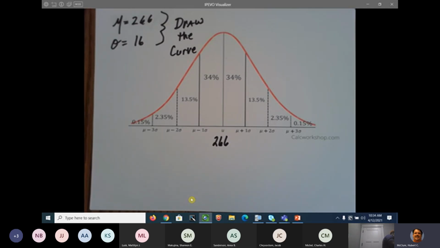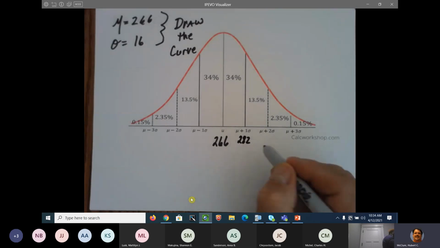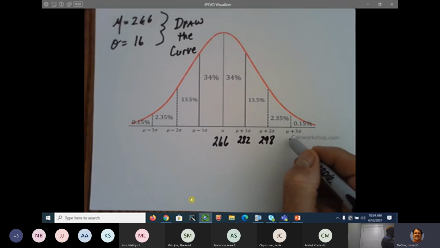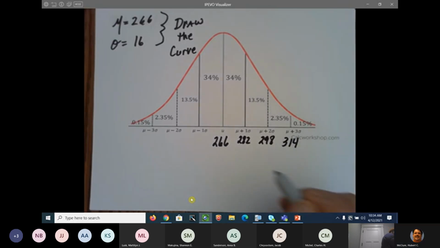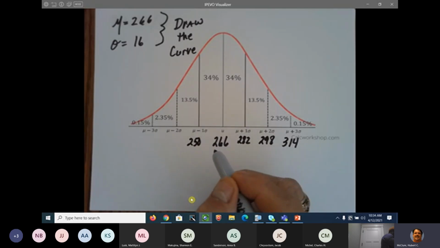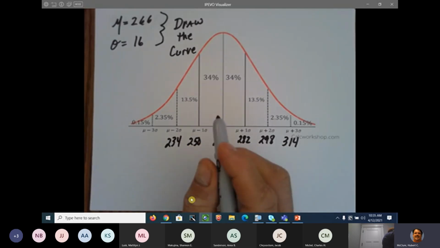There it is. $266, $282, $298, $314, $250, $234, and $218.